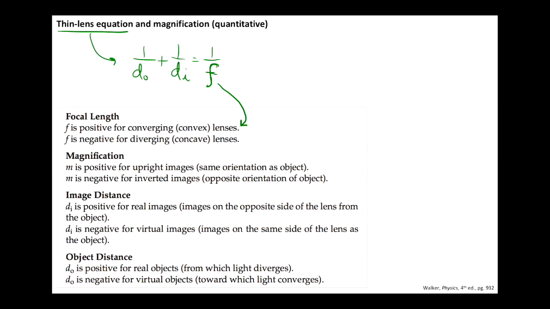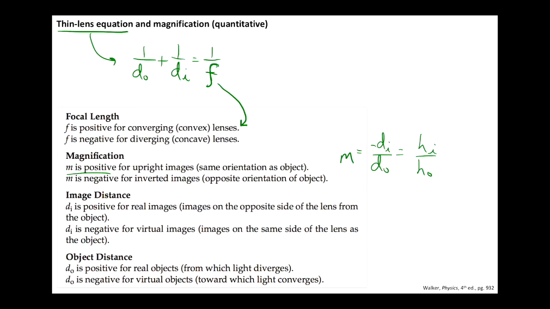Let's see, magnification. We're going to essentially use the exact same equations as before, so let's put that down here. So magnification is negative DI over DO, or HI over HO. And you'll see that magnification is positive if upright, negative if it's inverted. And the same thing applies down below for the image distance.